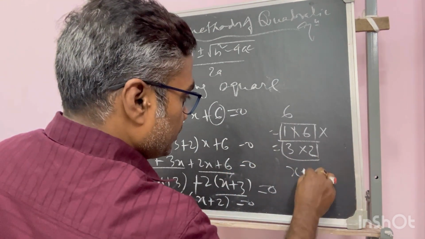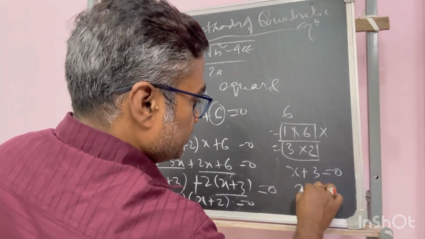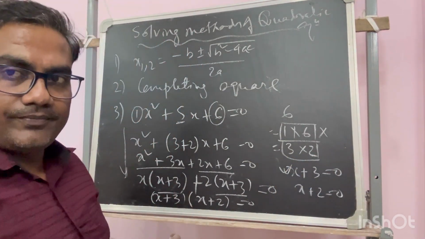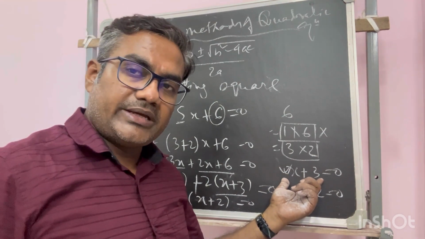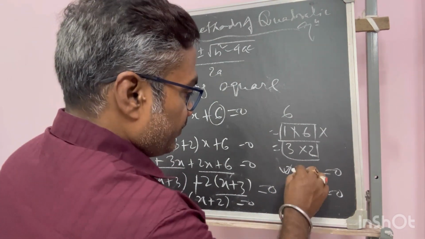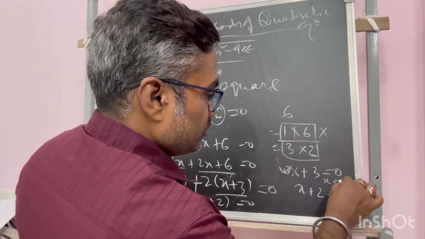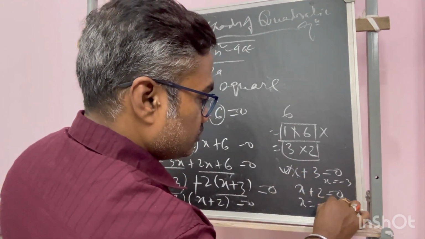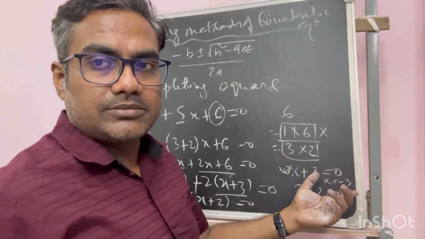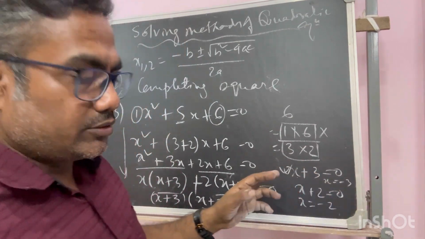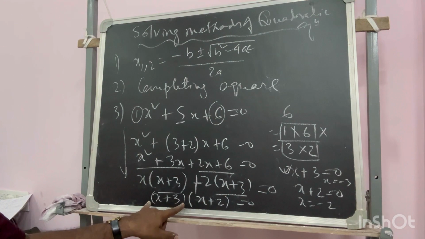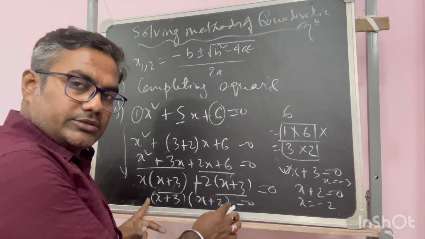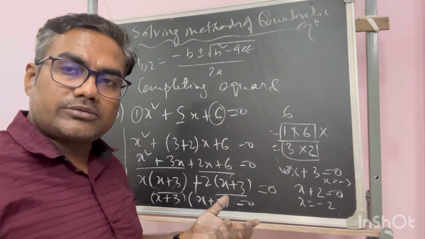Now assuming this is also 0 and this is also 0, if I get real x values, then both can be accepted. So x plus 3, where x is equal to minus 3, this is real. x is equal to minus 2, that is also real. So both are possible. Either one being 0 will make this expression 0, or both can be 0 and also make this equation 0.